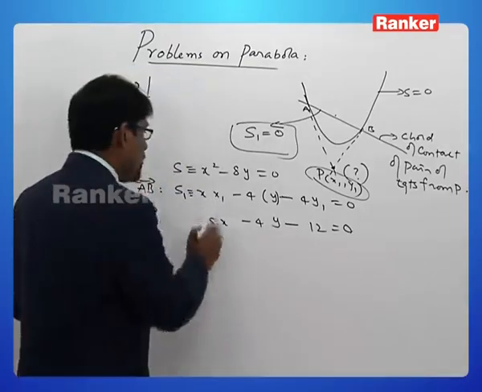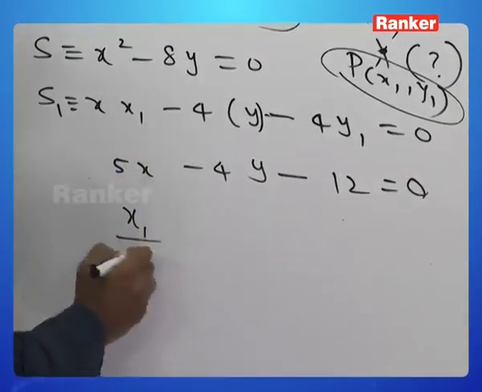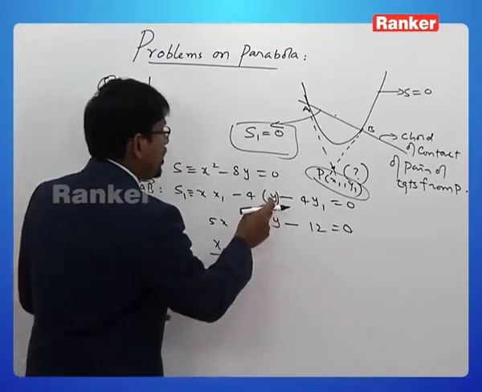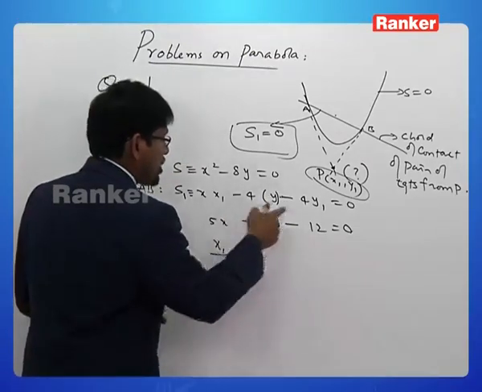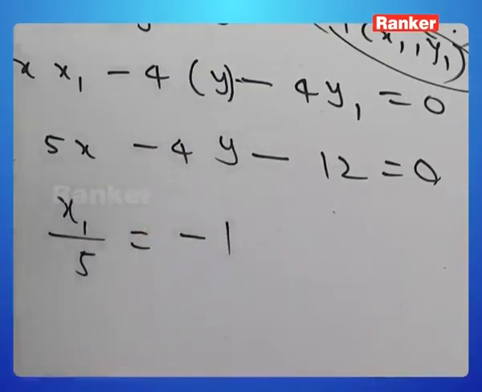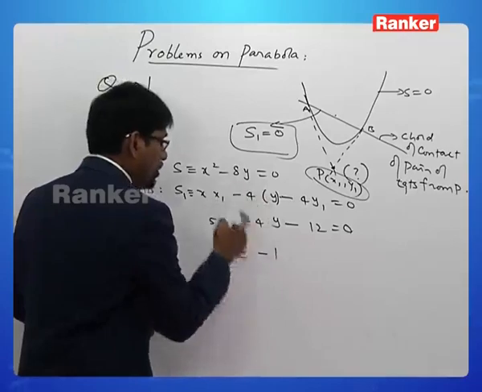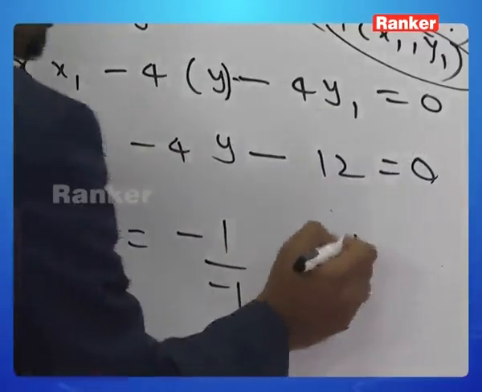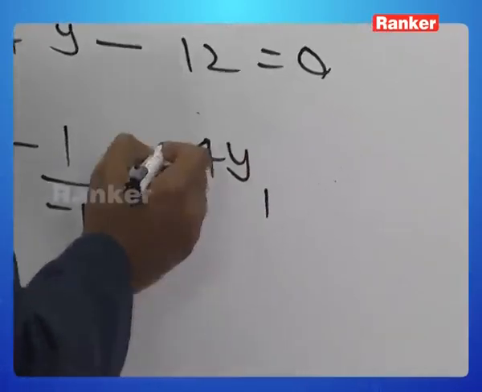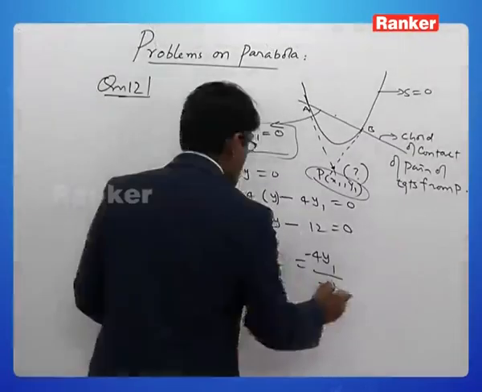So what should we have? x1 by 5 should be the same as minus 4 by minus 4, which is 1, and that is equal to 4y1 by 12.